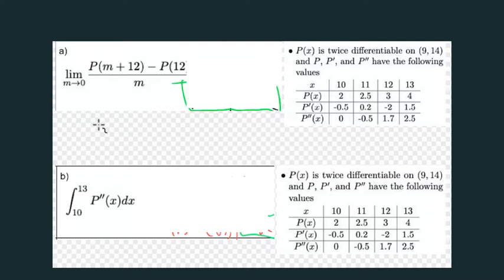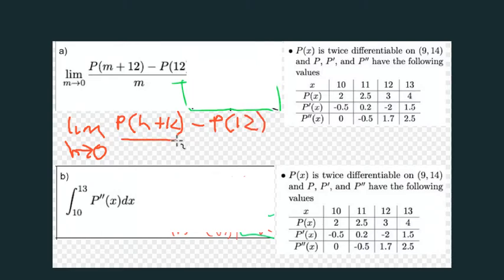That looks like the limit as h approaches 0 of p at h plus 12, so h plus x in this case, x plus h, doesn't matter, minus p at 12, and then this would just be h, if we were doing it with h instead of m.